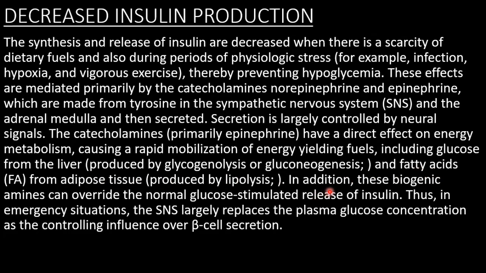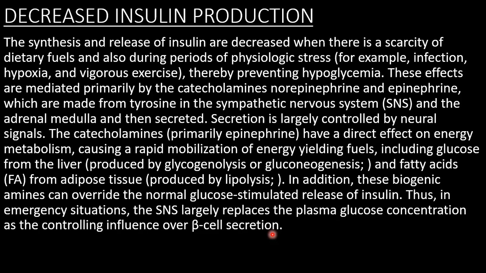In addition, these biogenic amines, namely the catecholamines, usually override the normal glucose-stimulated release of insulin. Thus, in emergency situations, the sympathetic nervous system largely replaces the plasma glucose concentration as the controlling influence over beta cell secretion. So in emergency situations, the catecholamines are the ones acting.